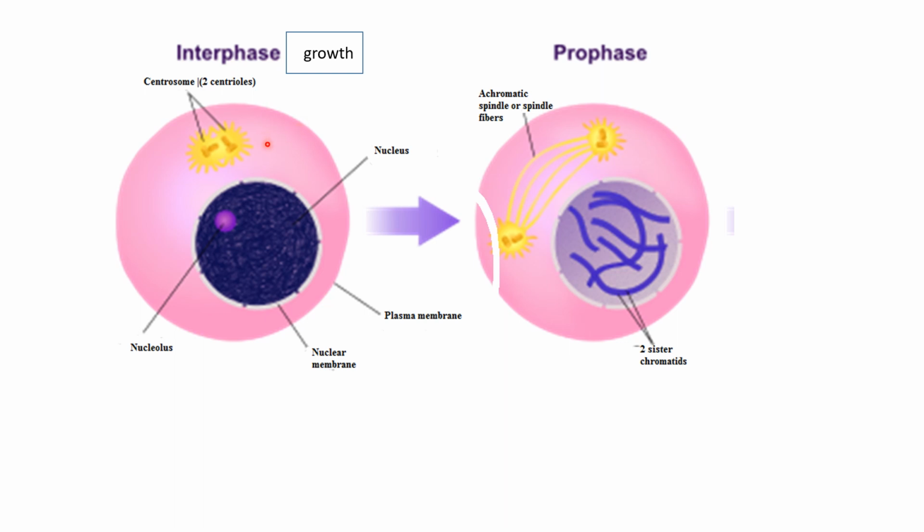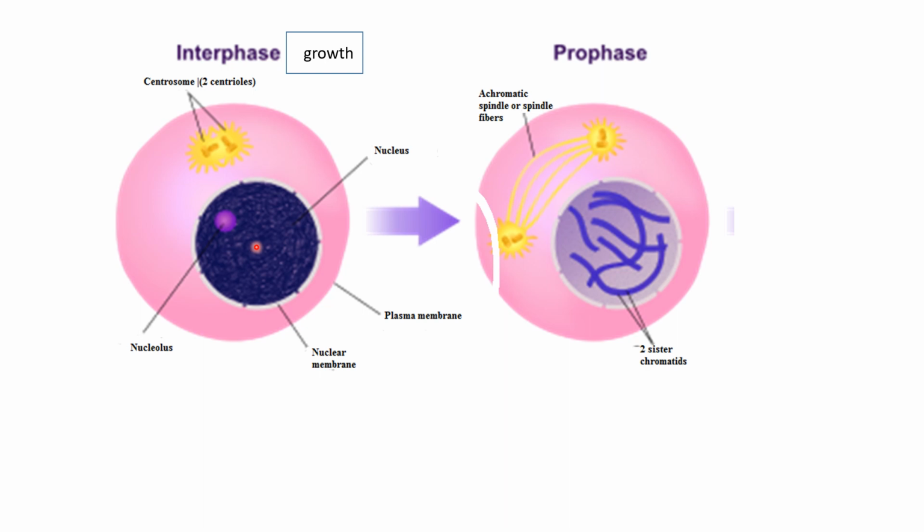The cell has in the cytoplasm a centrosome made up of 2 centrioles, a nucleolus inside the nucleus. The nuclear membrane is very visible, the plasma membrane, and inside the nucleus we have the chromatin, chromosomes that are long and thin, filamentous, and that are not visible and we cannot count them.